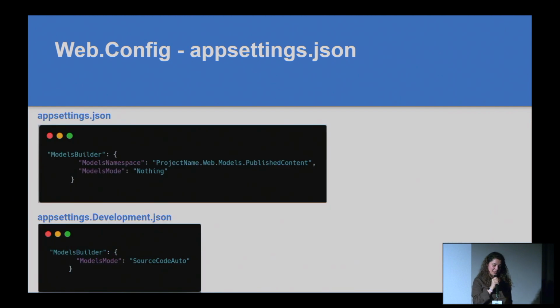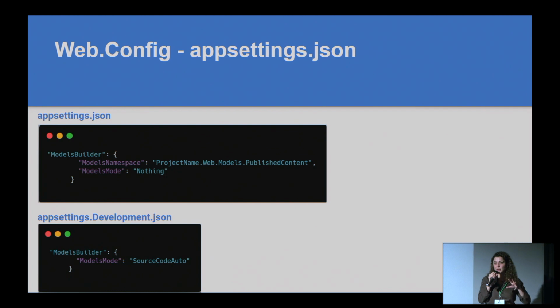And our appsettings.json now looks like this. So for ModelsBuilder in appsettings.json, we say the namespace, so wherever it is, even if it's under development or production or release or staging, we know the namespace in appsettings.json, and we set the models mode to nothing, and then we change it in appsettings.Development.